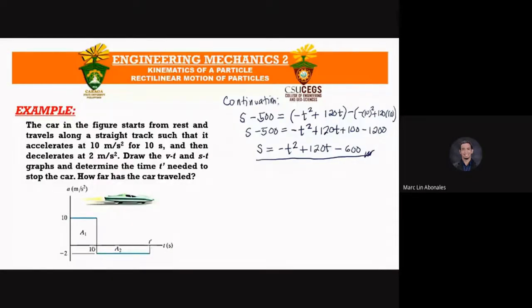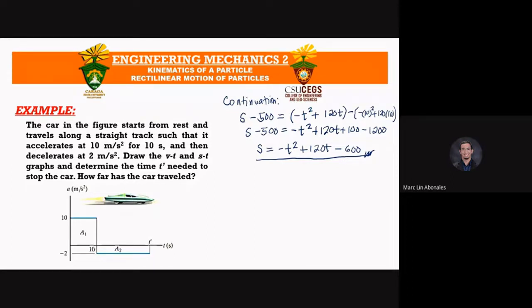Before we construct the ST graph, let us solve how far has the car traveled. Okay? So we need to determine the total distance traveled by the car. So that will be our final position.